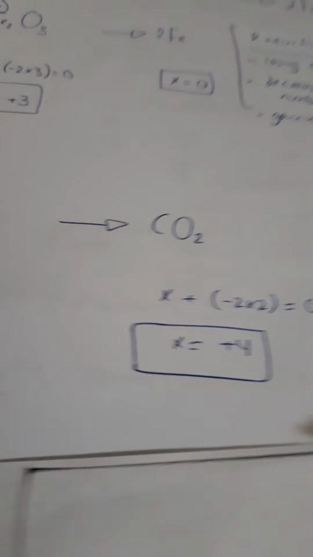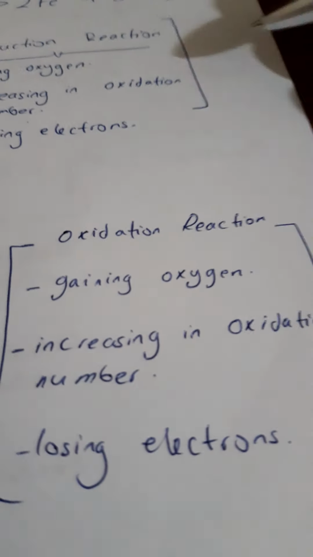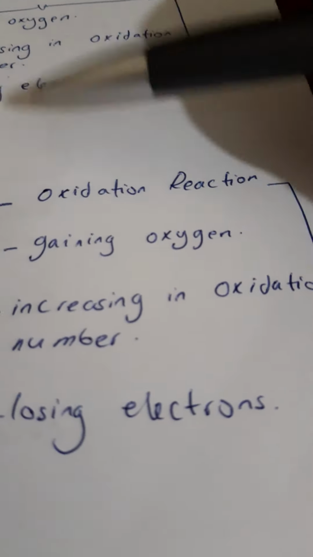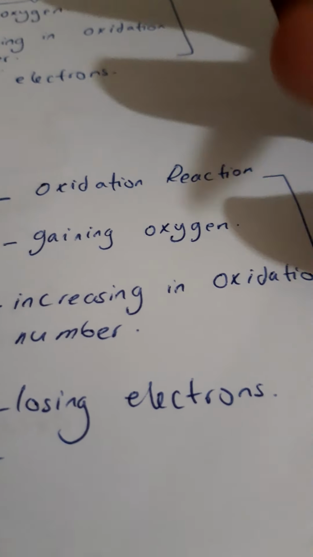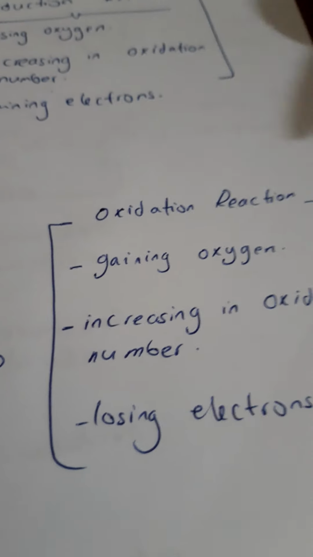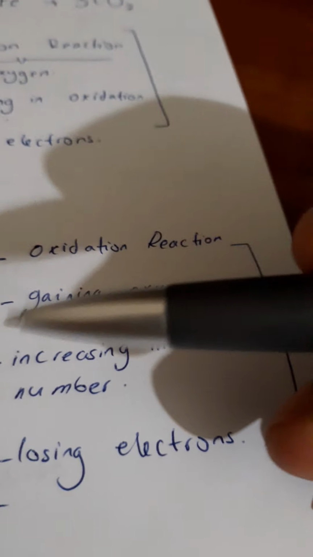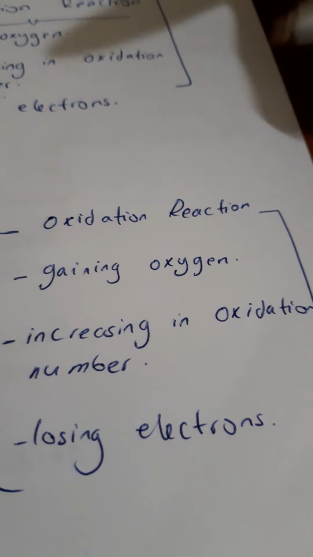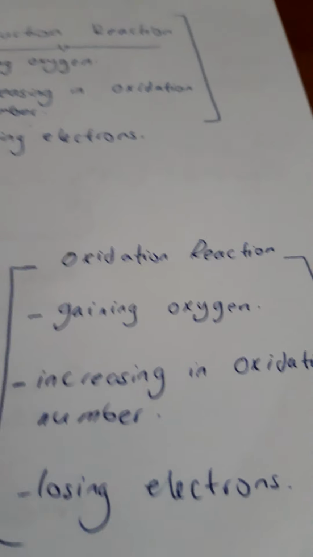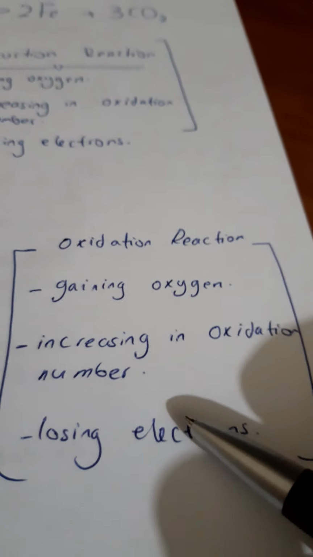This is an oxidation reaction. So again, I summarized all the definitions of oxidation reactions. Oxidation is gaining oxygen, as we saw in the example, carbon monoxide became carbon dioxide. This is an increase in oxidation number, from positive 2 for carbon to positive 4, or using the traditional way of defining oxidation, that is an increase in oxidation number due to losing of electrons.